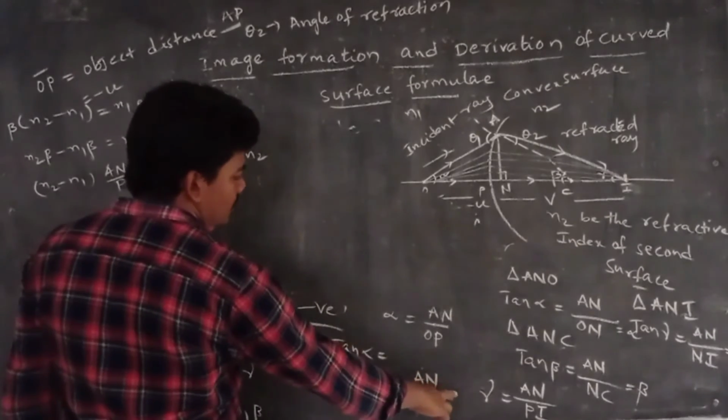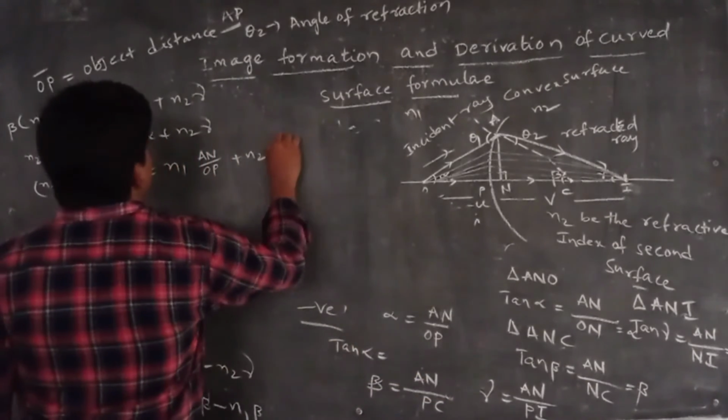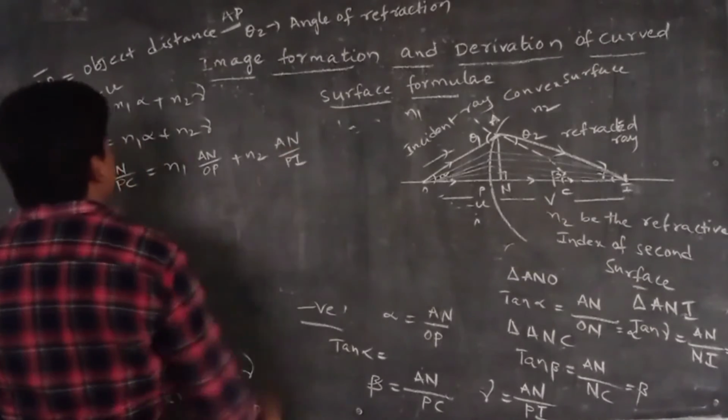What is the value of gamma here? AN by PI.